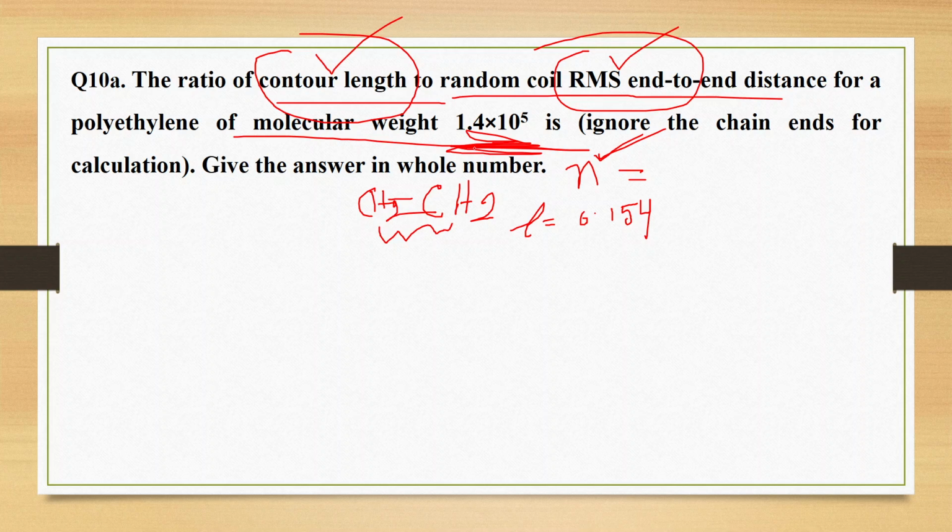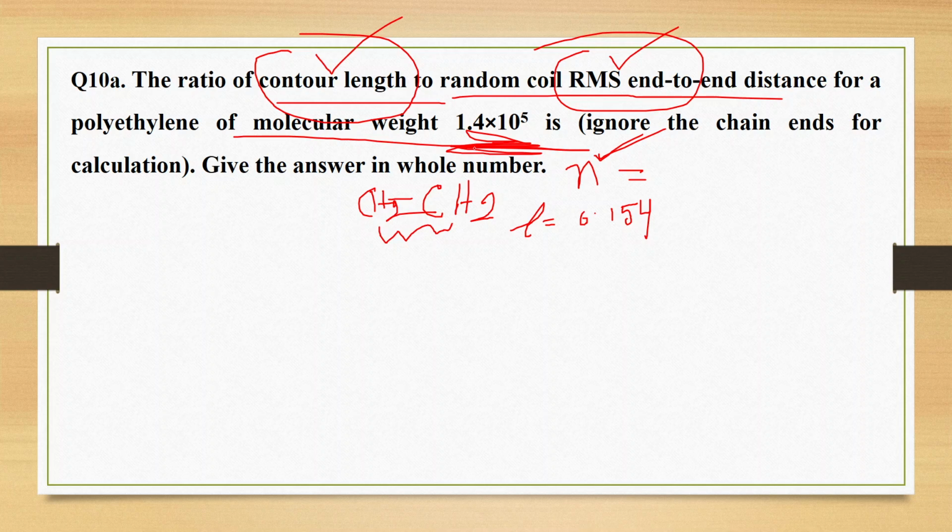So again another different answer I am getting. Three answers so far, and all three are different. Let us see which one will be correct. Others also, I have given all the hints in this question that you require to solve this one. You just use the formula for contour length and end-to-end distance, and then take a ratio.